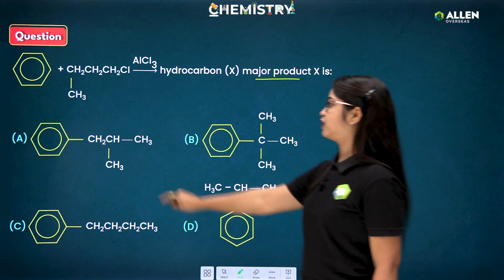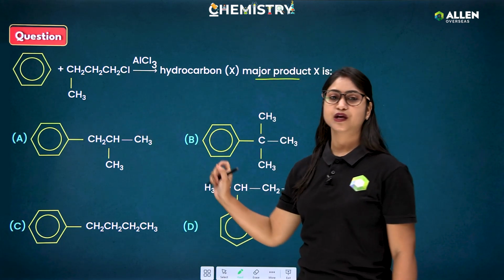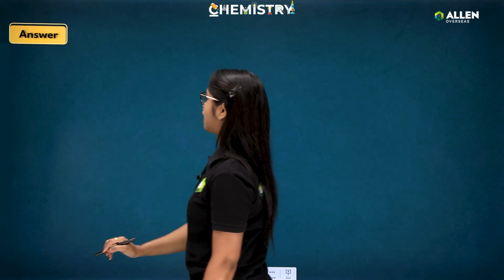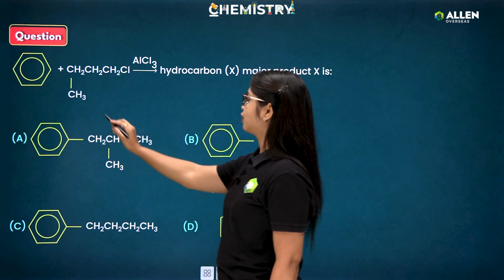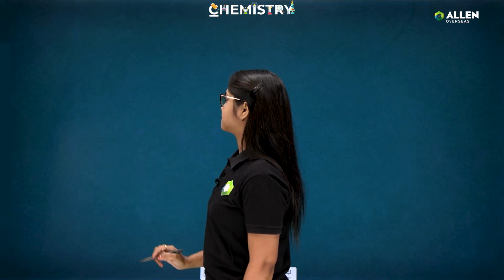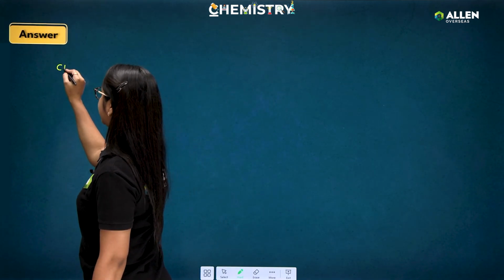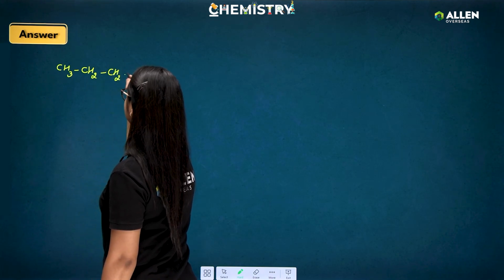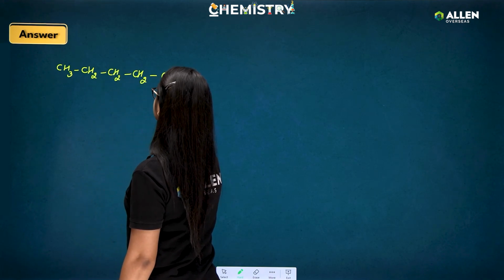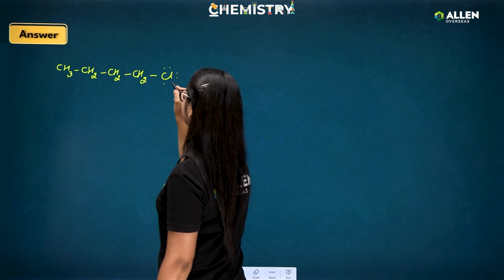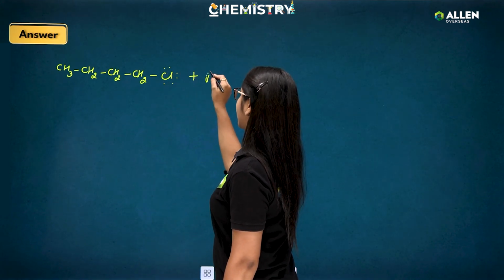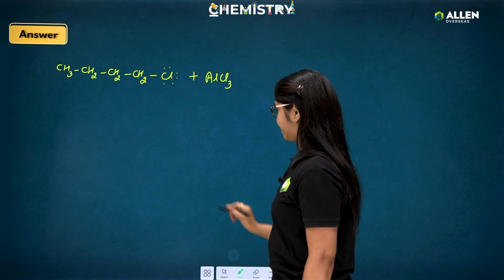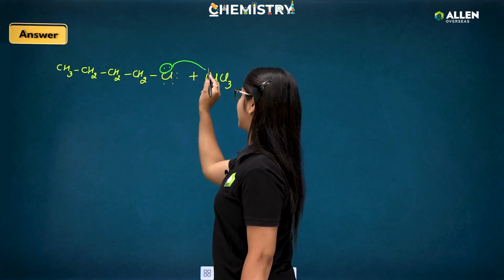First of all, you have the 1 degree alkyl halide. This will react with the AlCl3. How many carbons do we have? 1, 2, 3, 4 carbons. So CH3, CH2, CH2, CH2 and Cl. On chlorine we have 3 lone pairs, and you have the Lewis acid AlCl3. So this chlorine is going to donate a pair of electrons to the aluminium.